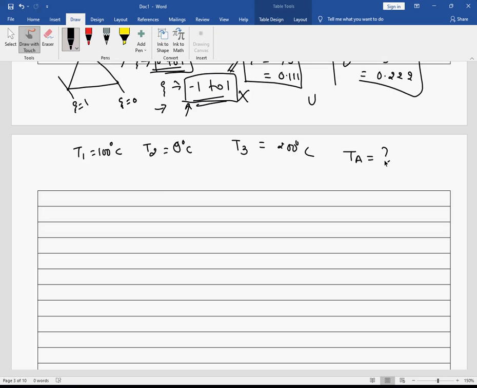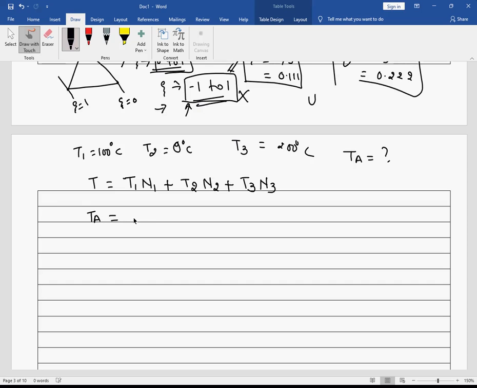We are going to use again the isoparametric formulation. T is equal to T1 N1 plus T2 N2 plus T3 N3.